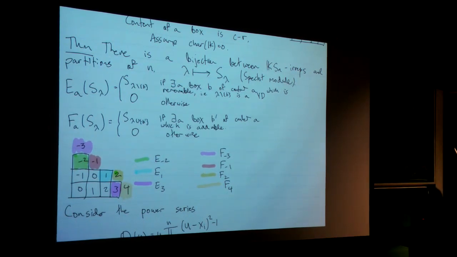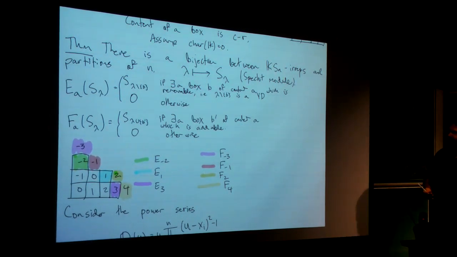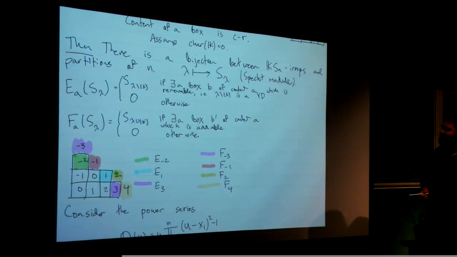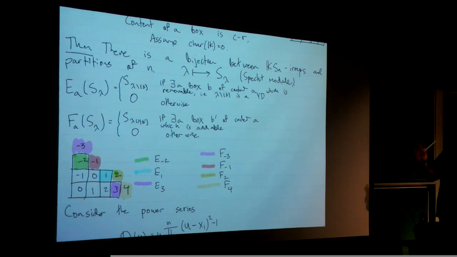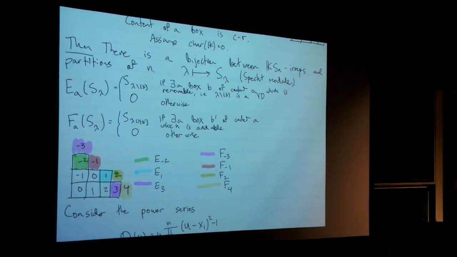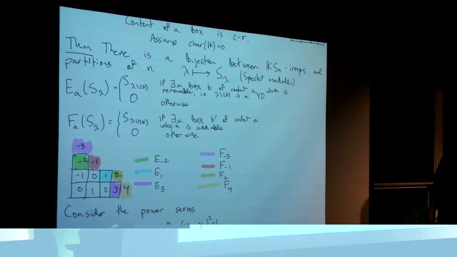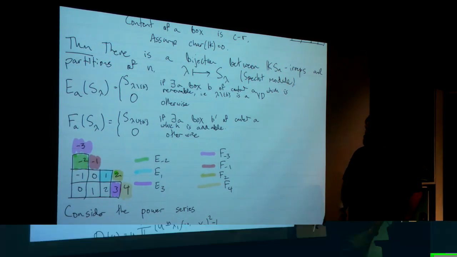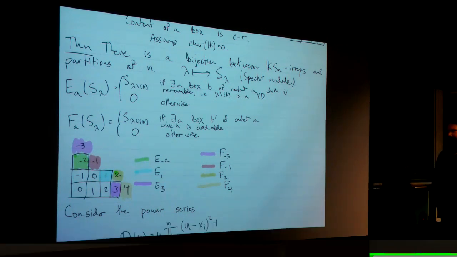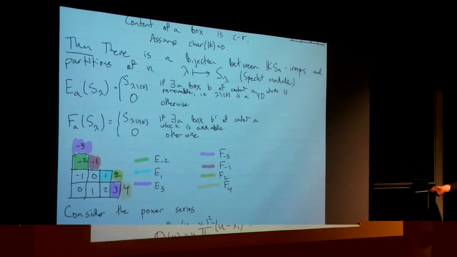Note there is a version of this module which is defined over Z, which will be useful later. But it's only simple for all partitions if the field is characteristic 0. So in this characteristic 0 case, what happens? Well, I act with E or F on the Specht module, and I always get another Specht module or 0.